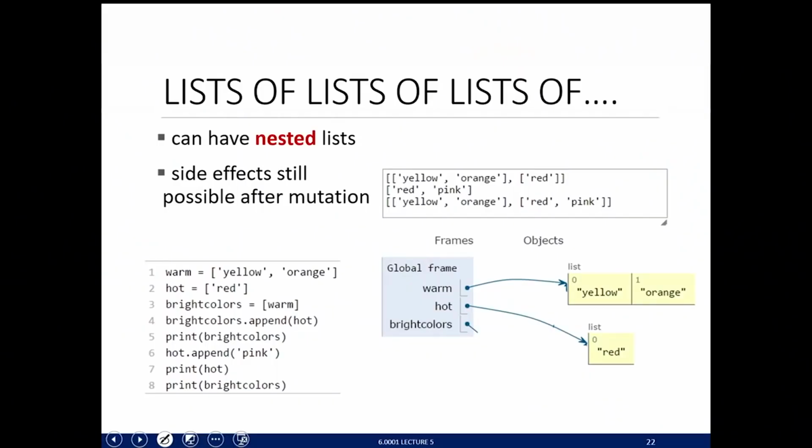So warm points to these 2 colors. Hot is equal to a list with 1 element. Bright colors is going to be a list. And the element inside the list is a list itself. So since it's a list, so this is your list. And the element inside here, which is a list itself, is actually just pointing to whatever warm is, that object. Okay.